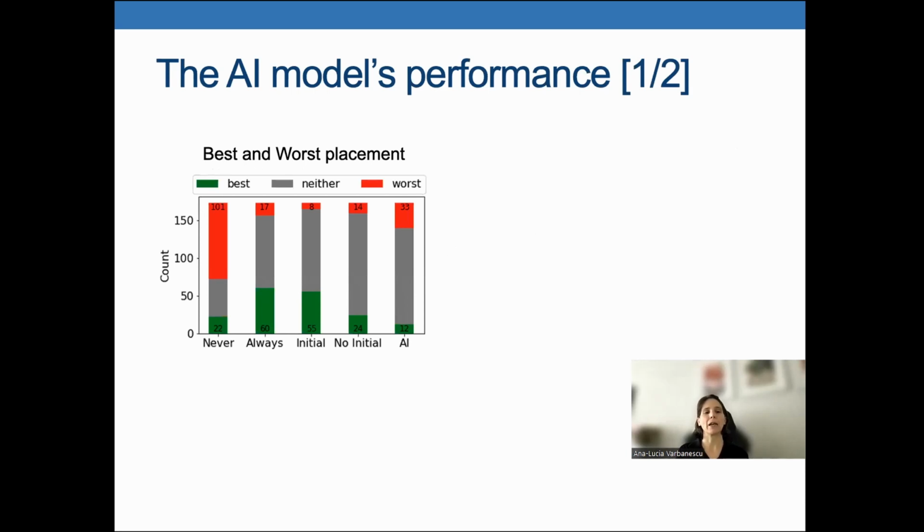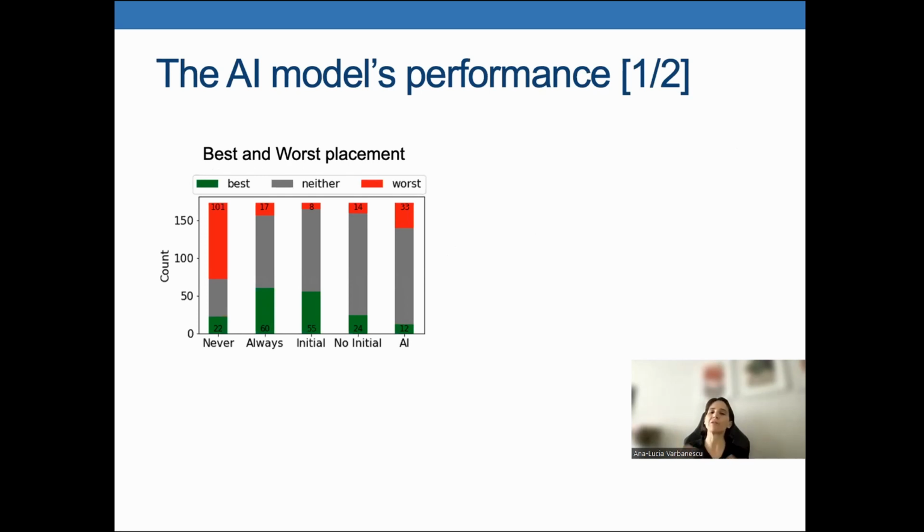So again, same type of graphs, different types of trimming. And what we see here, interestingly, is that the AI implementation is also just one of the many. It wins in very few cases and loses in a significant number of cases.